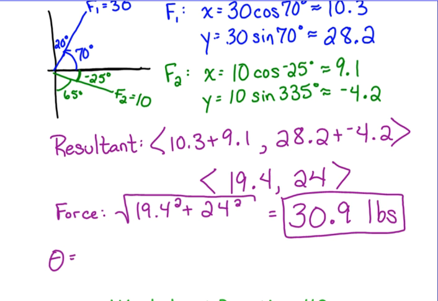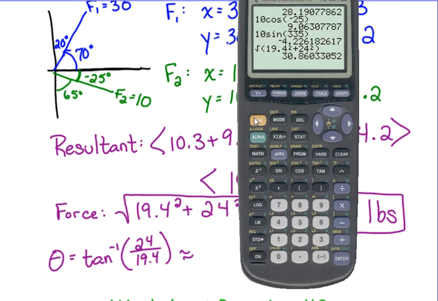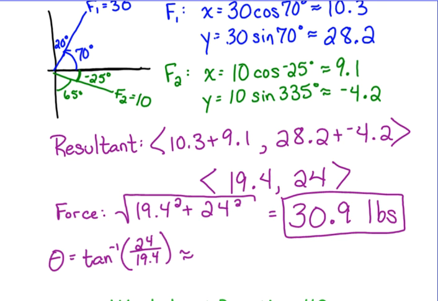So the angle is the inverse tangent of y over x, 24 over 19.4. So our angle is approximately 51.1 degrees.